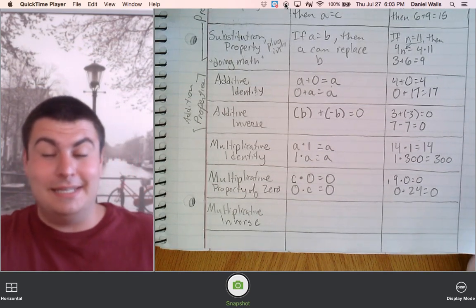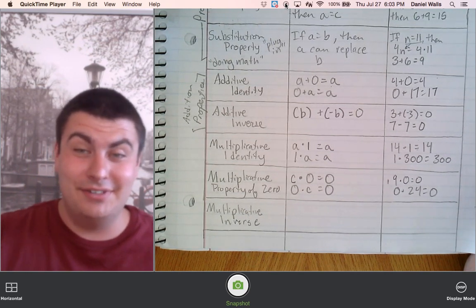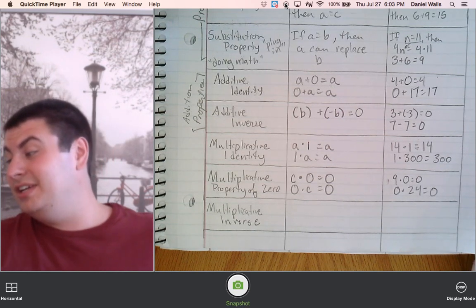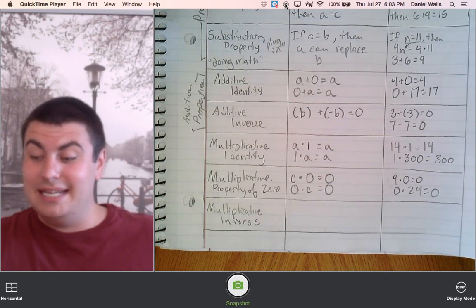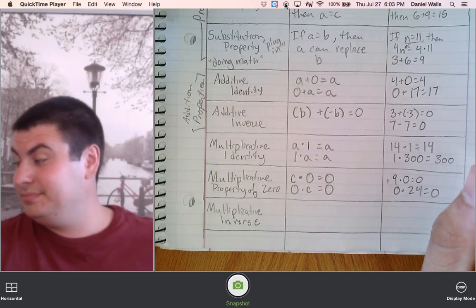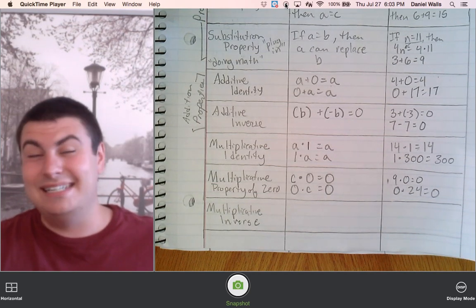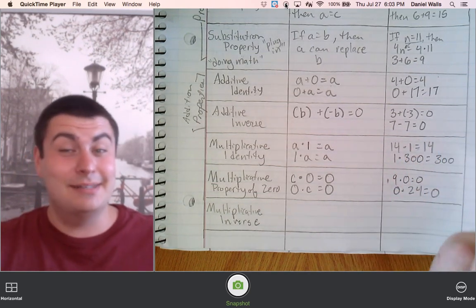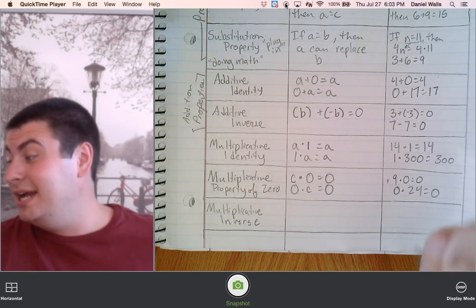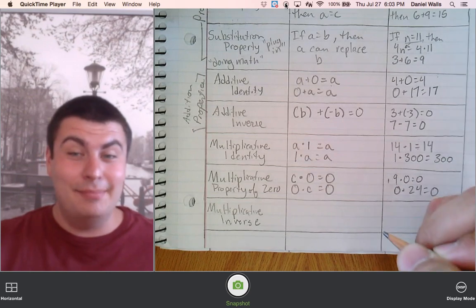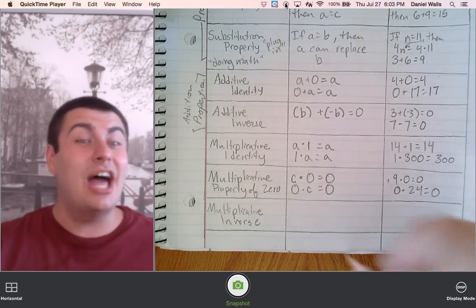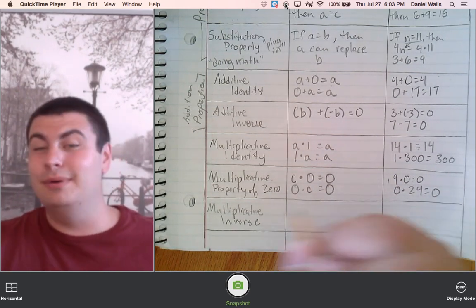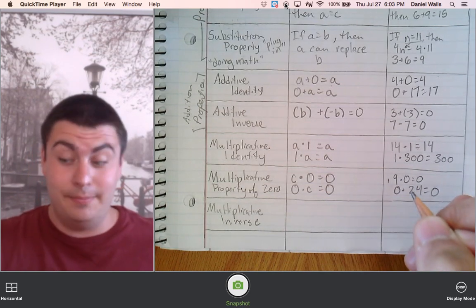Our last multiplication property is the multiplicative inverse. So for the multiplicative inverse, we're saying that for every number that does not have a denominator of 0, so this can be fractions as well, there's exactly another number such that when you multiply them together, you get 1.